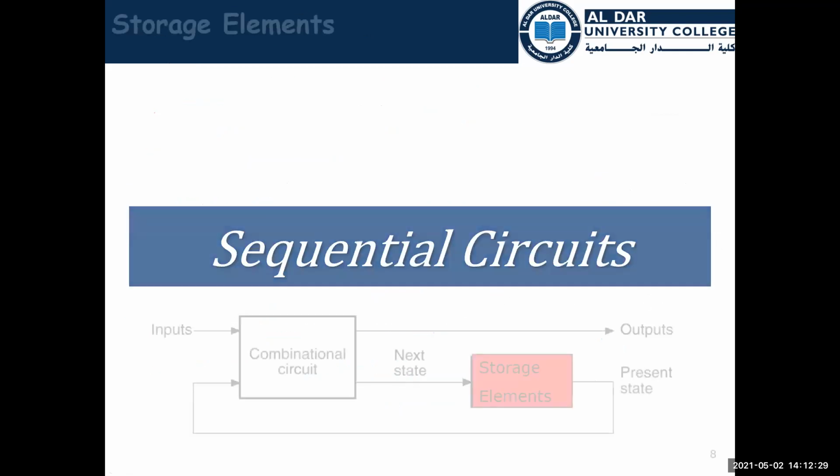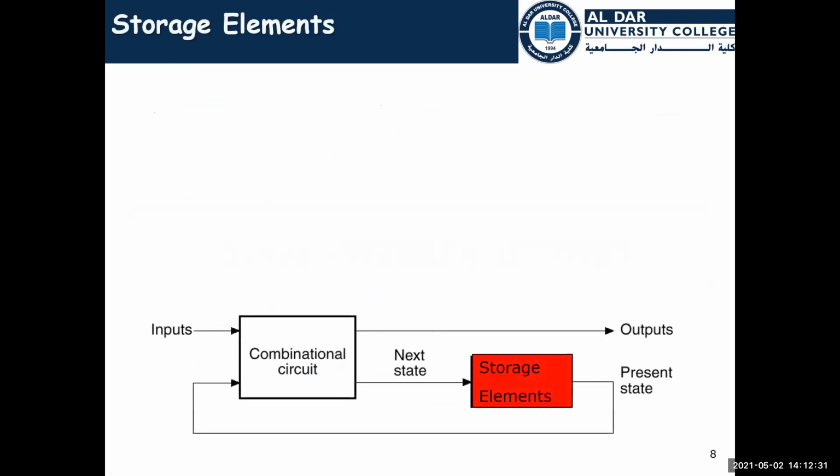Sequential circuits. If we remember the combinational circuit, that block is a combinational circuit, but we add a storage element representing the current state, and this current state will be an input to get the next state, and so on.